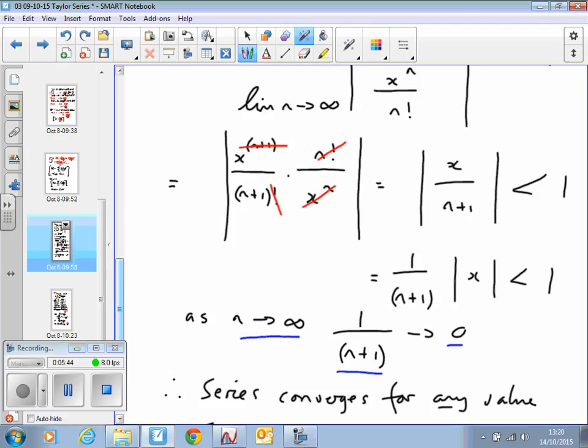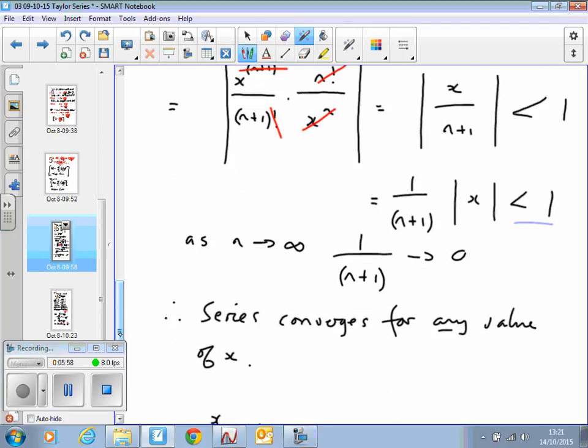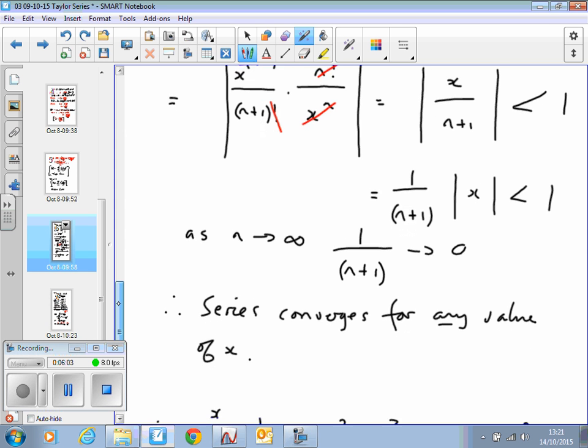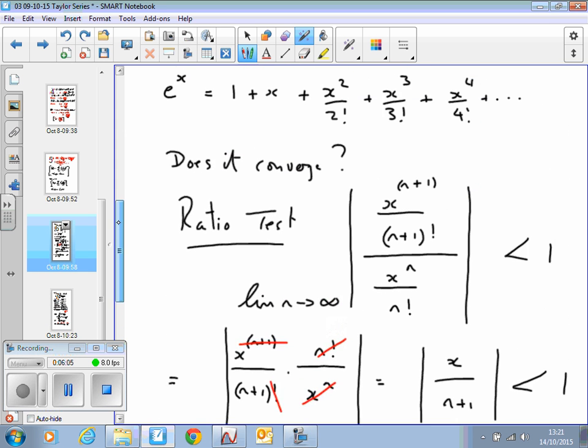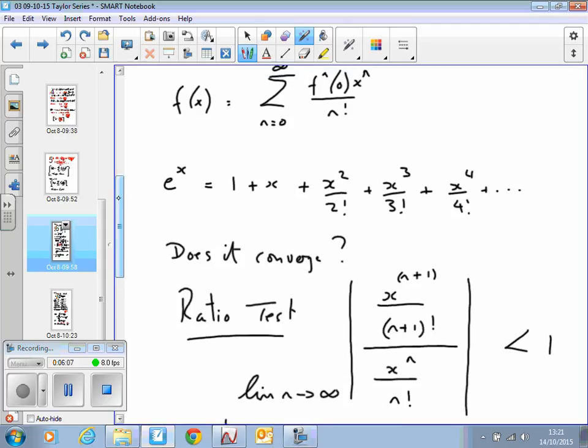So it actually doesn't matter what x is, the whole thing is going to tend towards 0. In other words, it's less than 1. So for this particular power series, it doesn't matter what x is, the series will converge, and so that means that this power series can be used to represent the function e to the x for any value of x.